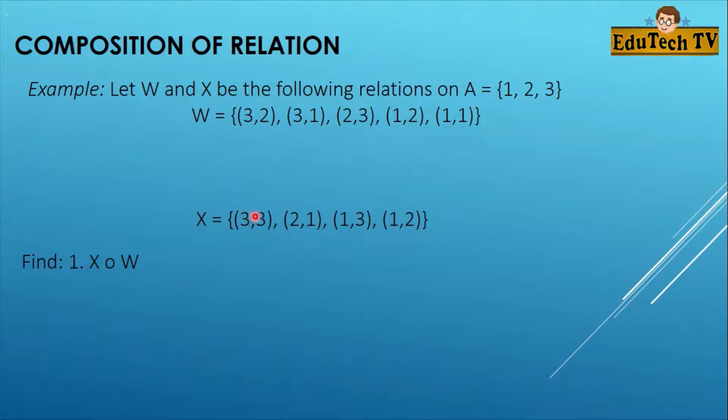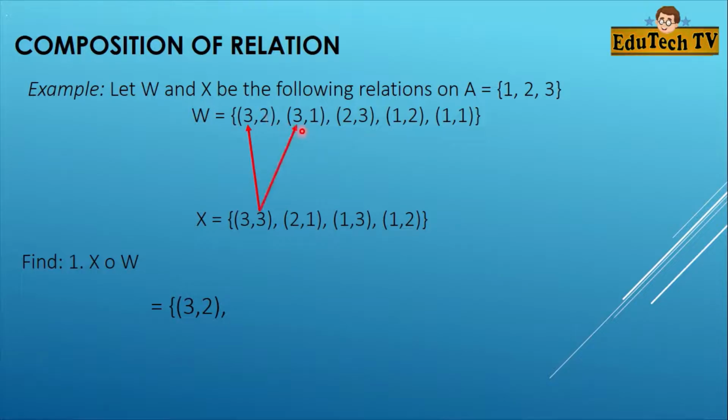So first, I'm going to look at X first because it's written first here. So (3, 3), then we'll have also (3, 2) here. So we're going to get the first element of X and then get the second element from W. So the first ordered pair in this composition is (3, 2).